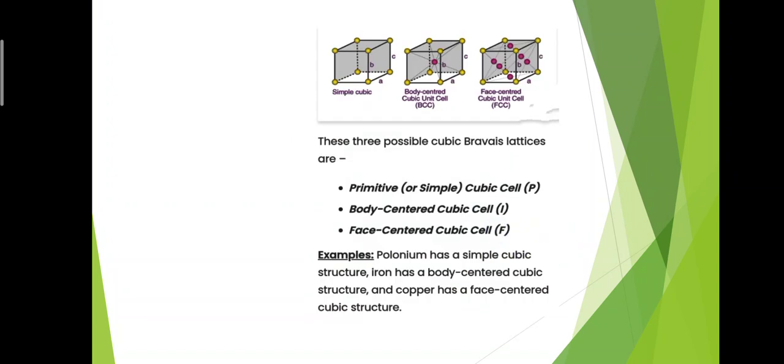These 3 possible cubic Bravais lattices are primitive or simple cubic cell P, body-centered cubic cell I, and face-centered cubic cell F. Examples: polonium has a simple cubic structure, iron has a body-centered cubic structure, and copper has a face-centered cubic structure.